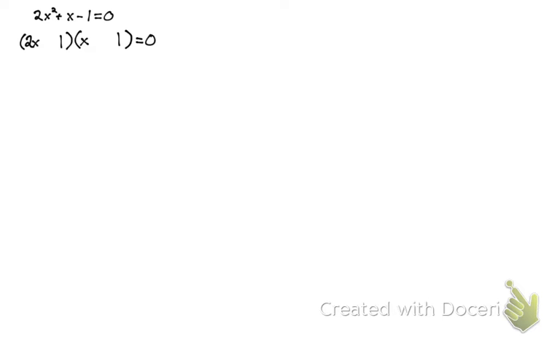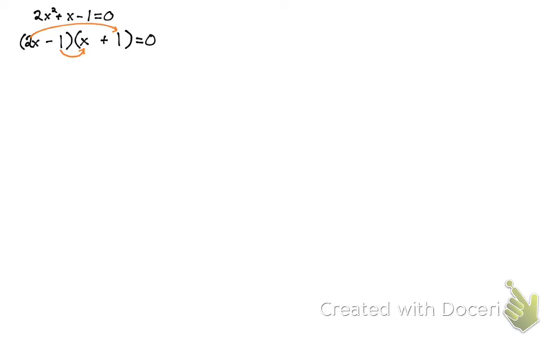We could just guess. I don't know if this is correct. We'll check it. So the way I'm going to check this is the last term multiplied plus the middle term multiplied have to equal that middle term. So right now I have 2x minus 1x, which equals x. I guessed right. Sometimes you'll guess wrong and you have to put the negative on the other thing.